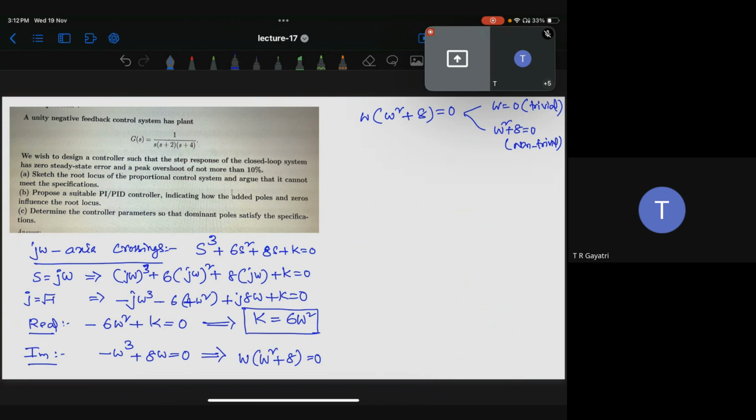We are looking for the non-trivial, so omega is equal to 2 root 2, which is nothing but 2.82.